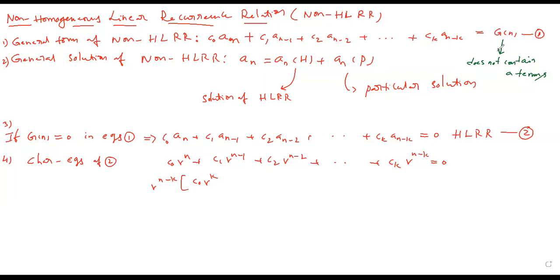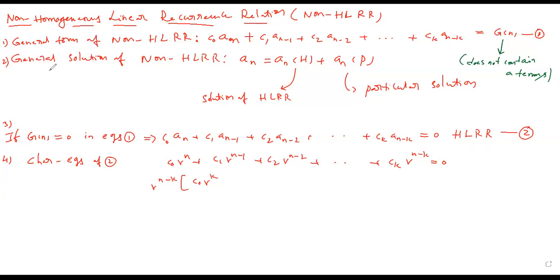We can write on the right only the function which contains n terms. That means G_n is a function of n, so the right side contains either a constant or a function in terms of n only. It does not contain any a terms. In the starting step, we have to write all the a terms on the left side and keep the remaining terms, either constants or n terms, on the right side. That is called the general form of the non-homogeneous linear recurrence relation.